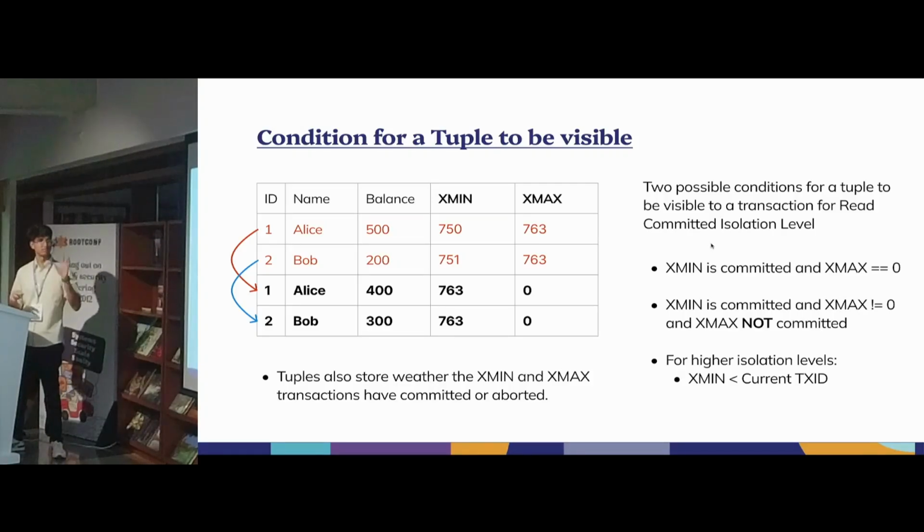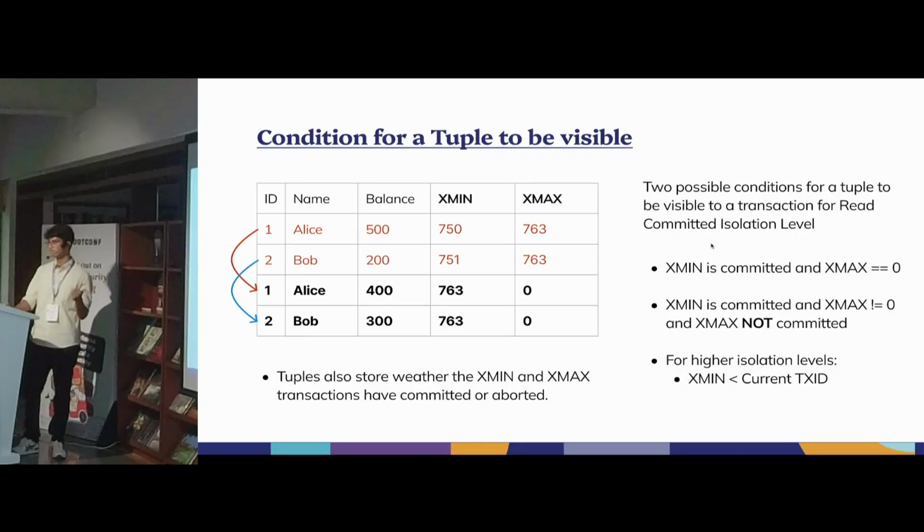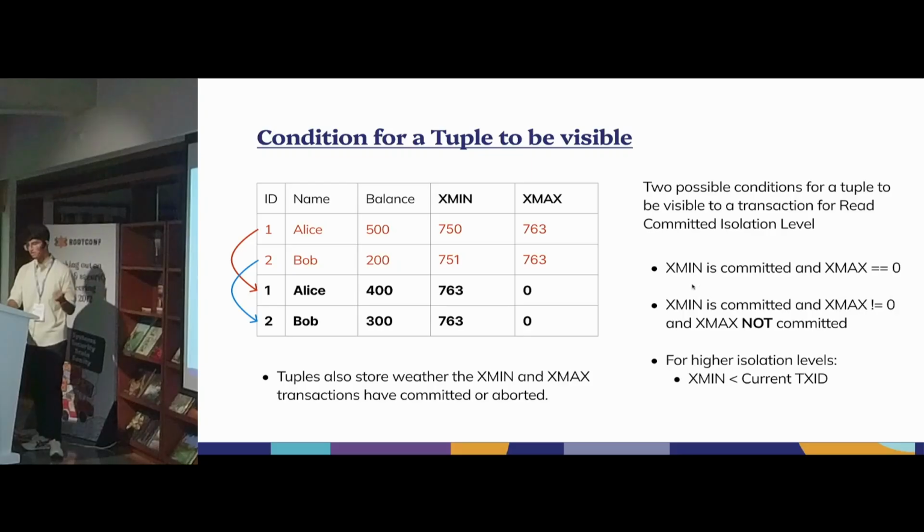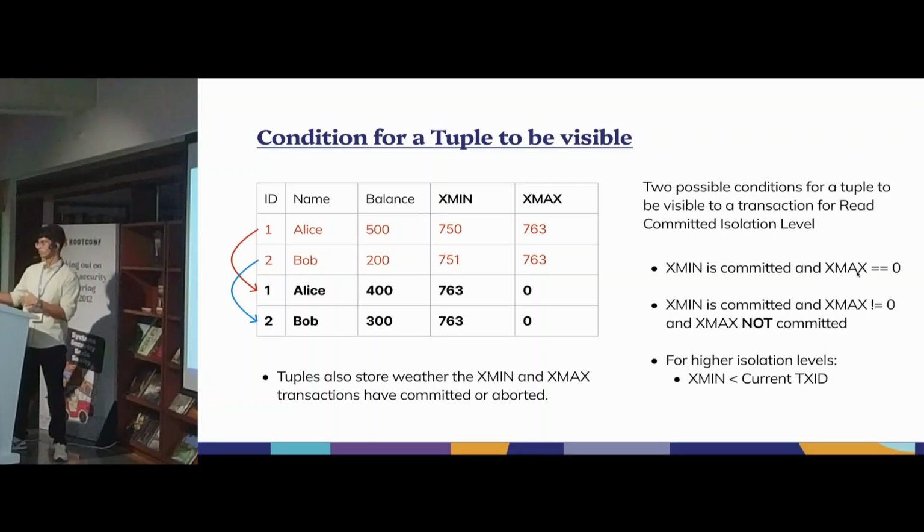So tuples will actually also store whether the xmin and xmax transactions are committed or aborted. And these are simplified conditions on how you decide whether a tuple is visible within a transaction or not, right? The very first condition is that xmin has to be committed. If xmin is committed, you know that the tuple exists, is alive, and can be read. The follow-up condition is that xmax should be equal to 0. That means the tuple is live and not deleted by another concurrent transaction, right?